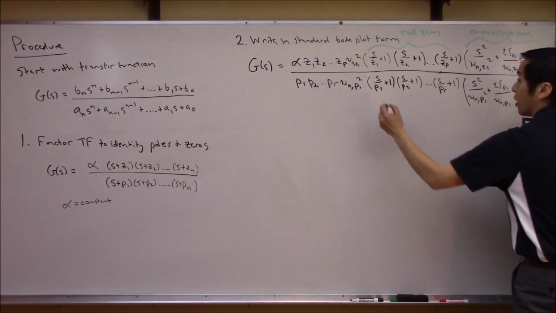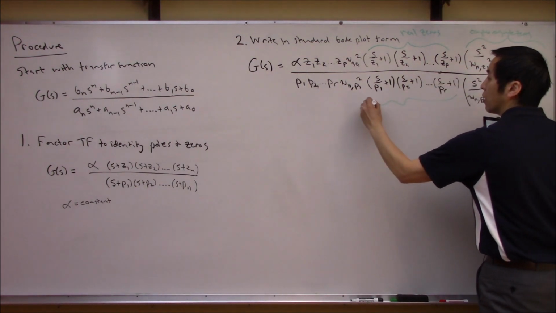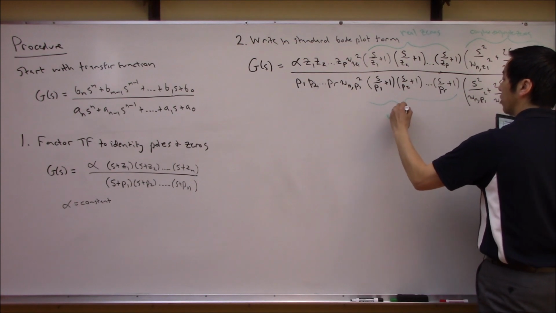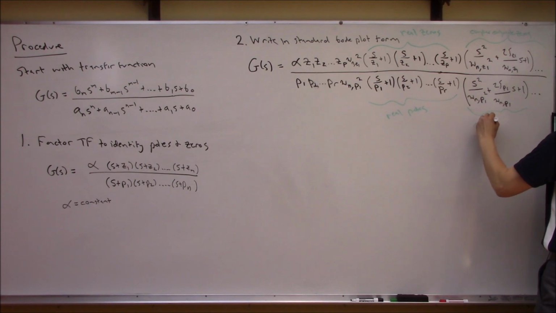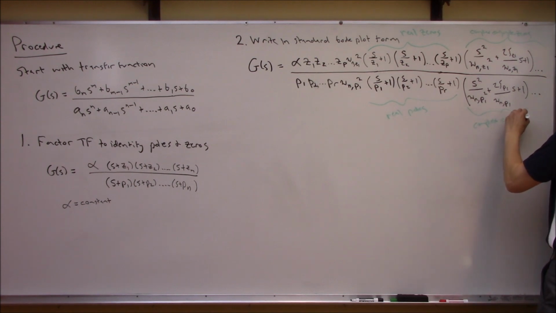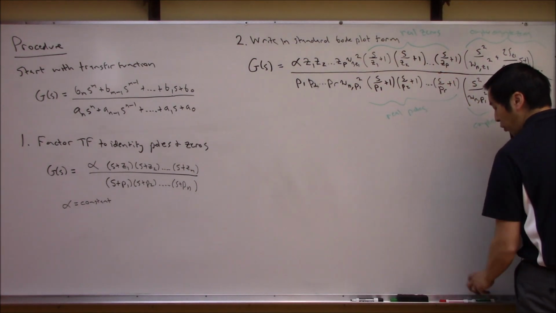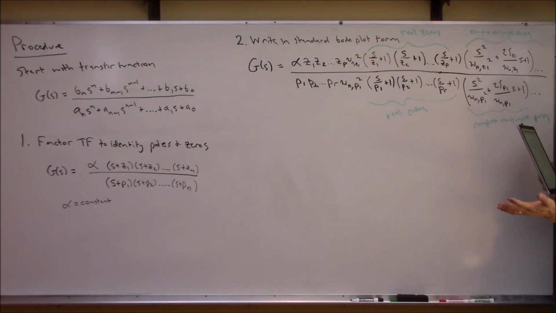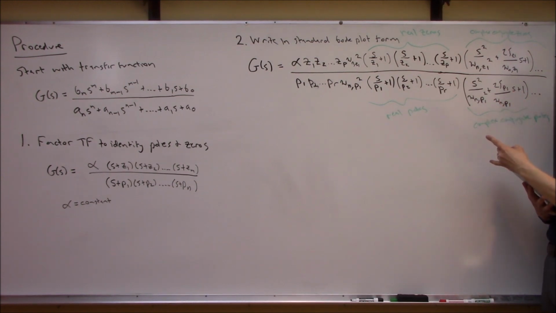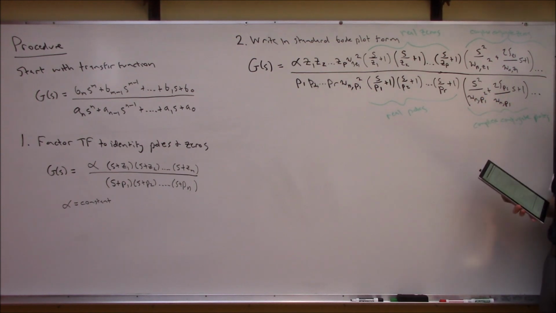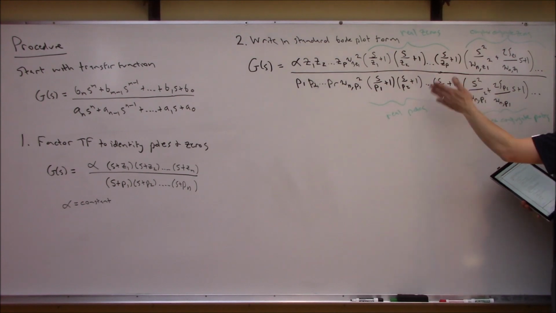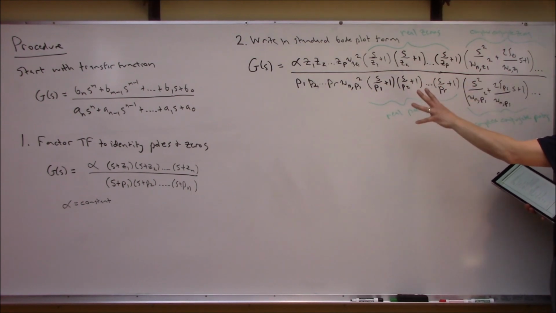And again, these terms here are your real poles, and then here are your complex conjugate poles. And you might have zeros at the origin or poles at the origin here. You still could have an integrator or differentiator, but you probably don't have both at the same time, otherwise they would cancel out.